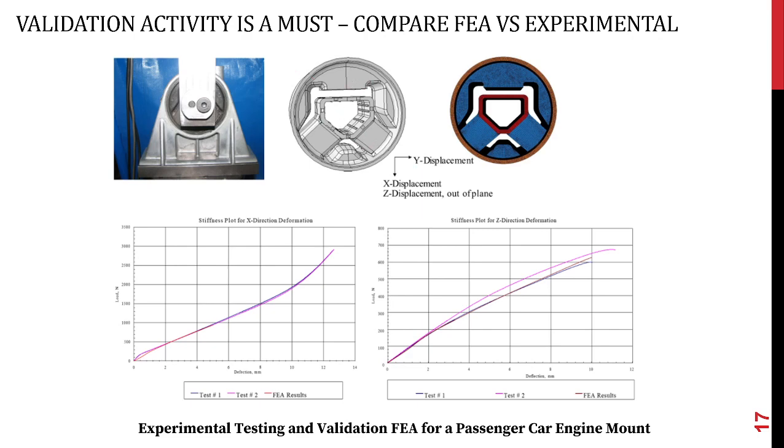Dia nak absorb vibration in a lot of direction of the vibration lah. Ni tengok ni macam perfect agreement lah dengan FEA dengan testing. Ini untuk X direction, ini untuk Z direction punya deformation. So if you get something like this, it's amazing lah.